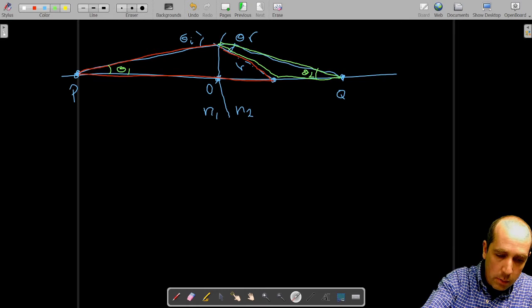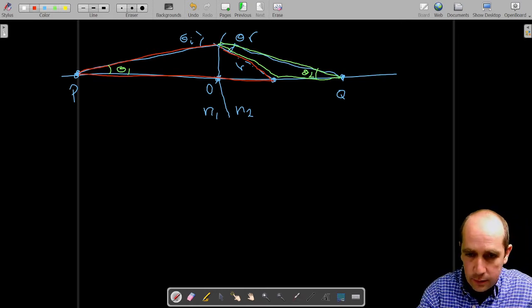from trigonometry, something we can do is get the following relationship.